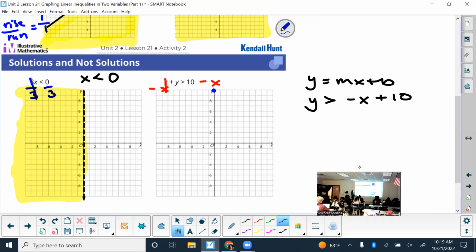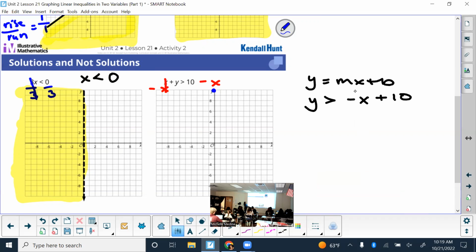What is my slope in this one? -1/1. Right? If there's not a number in front of the x, but there is an x there, then it's assumed to be 1. And then if it's a whole number, put it over 1, so you divide. So my rise then is -1.